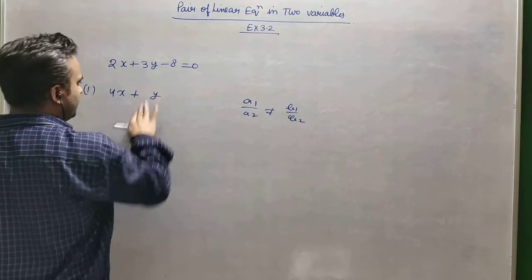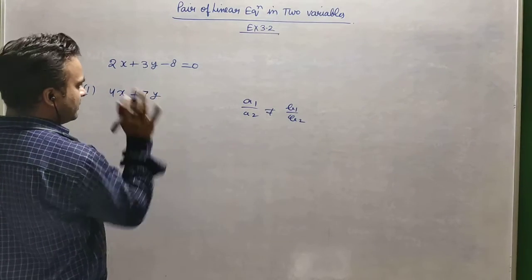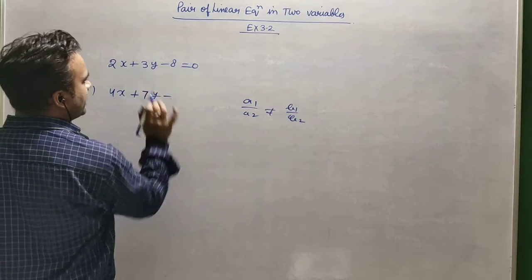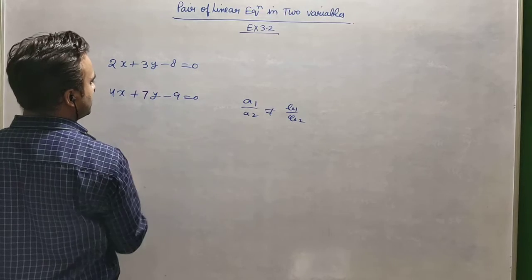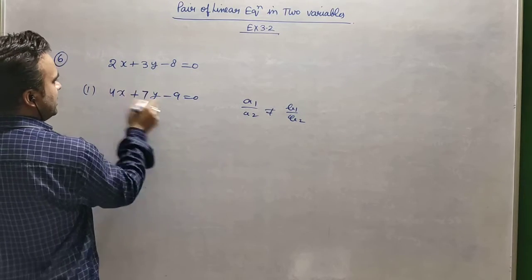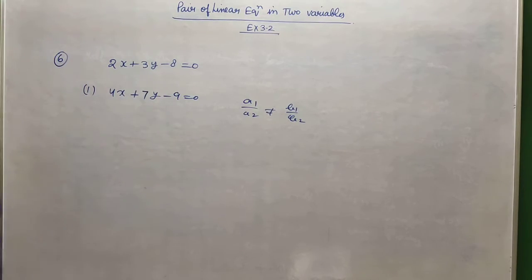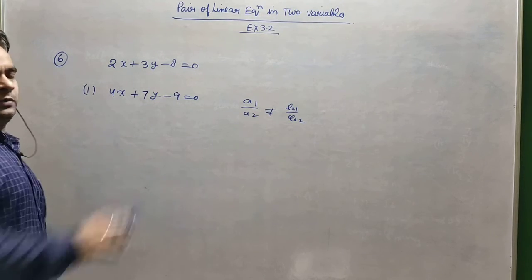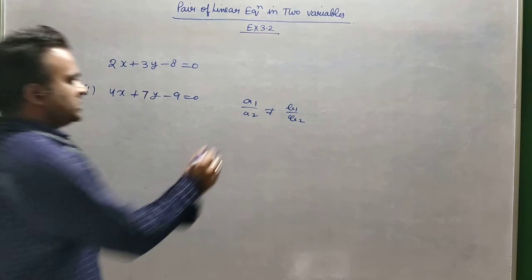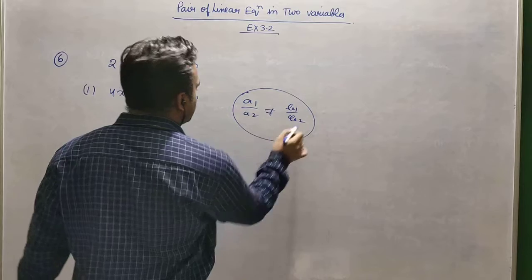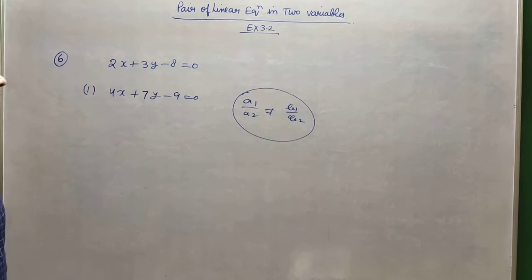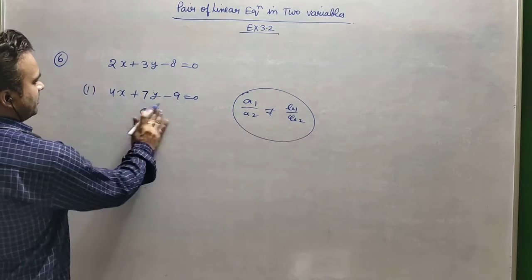So for this what we will do here, you can put any other value and this one can be the same, or you can put here like this. So it means now we can say that these two equations are intersecting lines. There are infinite possibilities. You have to see only whether this condition is satisfied or not. Suppose I say that no, I can make one more.